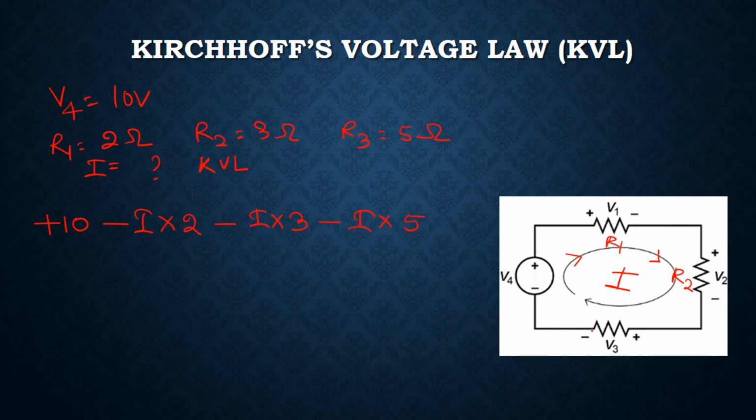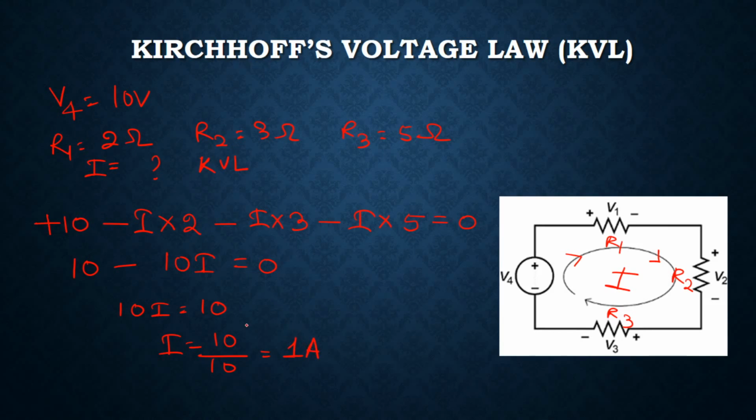It is also going from positive to negative. All these will be equal to 0. So 10 minus 2I, 3I, 5I sum up to 10 minus 10I, that is equal to 0. So 10I is equal to 10, so I is equal to 10 by 10, that is equal to 1 ampere. So the amount of current flowing in this loop is 1 ampere.